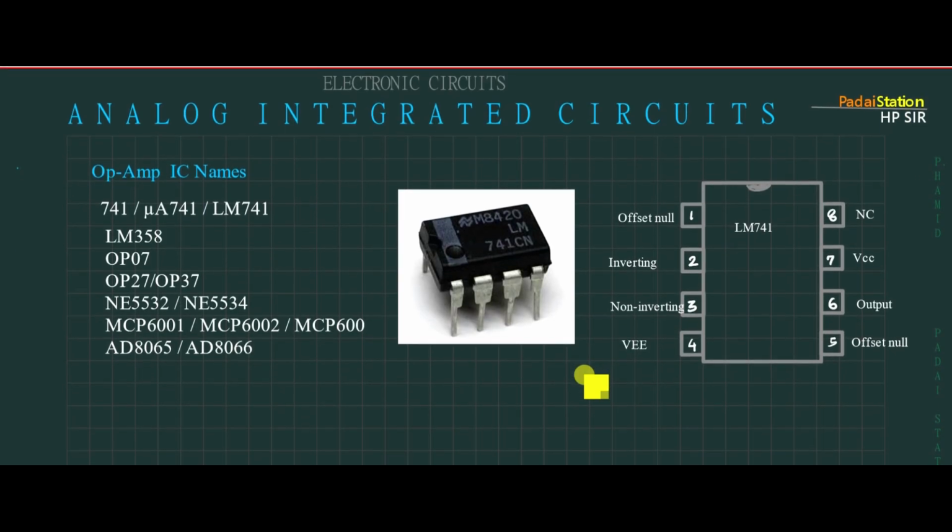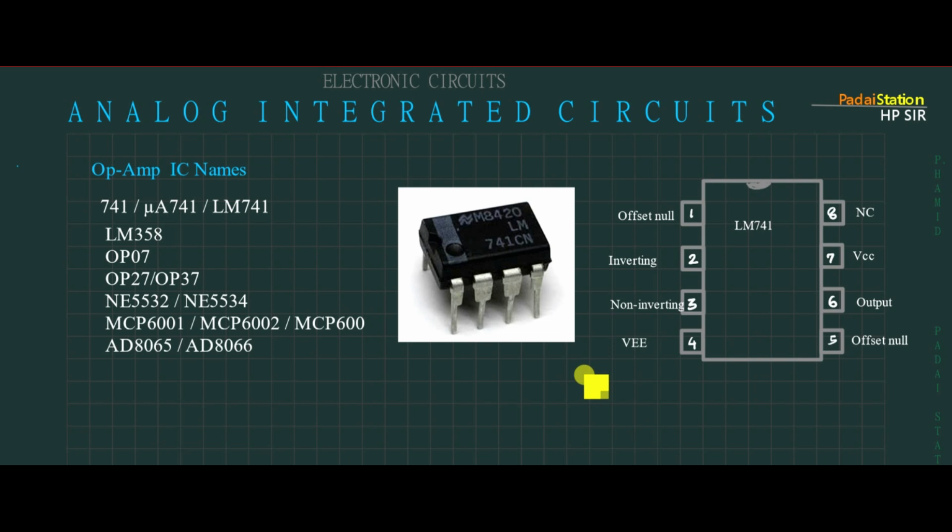There are different types, like the circular TO package. 8 pin, 14 pin, different ICs are available in the market. If you go to the data sheet, you will get the details of these different ICs. I have mentioned only a few names of the ICs. There are so many ICs in the market today, and they are used according to the requirement of the circuit.